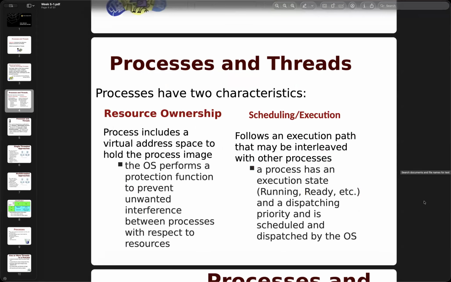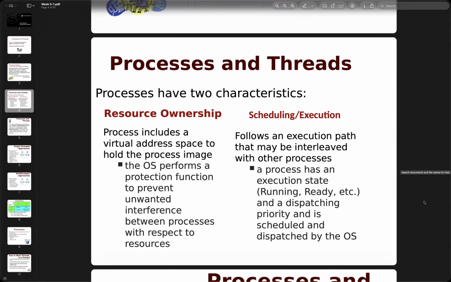When we talk about processes, we have two characteristics. One is resource ownership. A process should include a virtual address space to hold the process image. We need to recall what we talked about: the PCB or memory, that part. If you remember, we do have the process image.